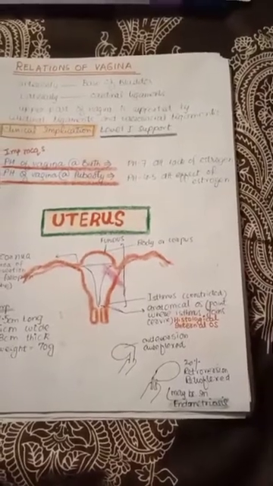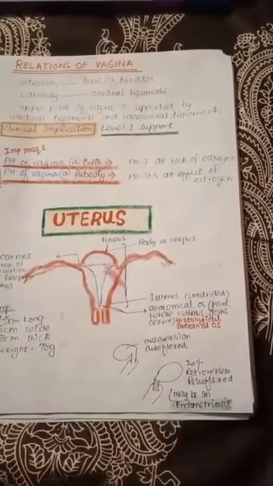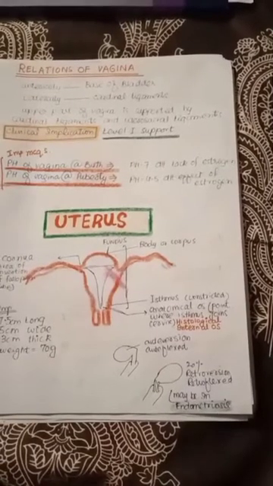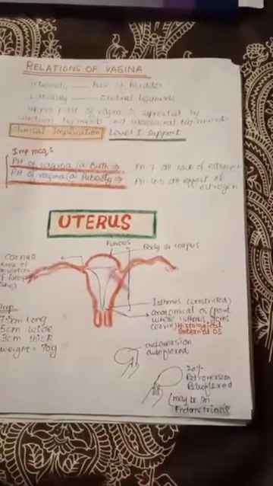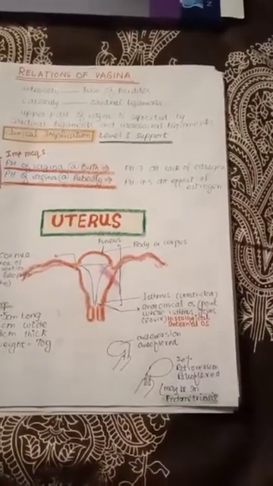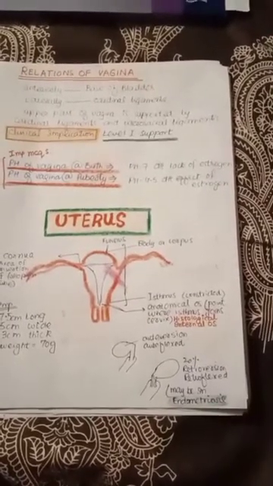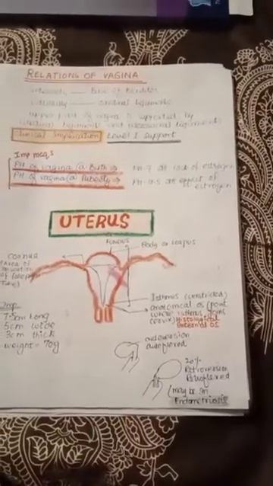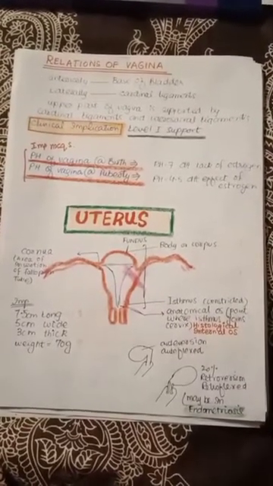Why is it 4.5? Due to lactic acid, which is formed by the vaginal flora that converts glycogen into lactic acid. And why at puberty does the pH go to 4.5? Because of the effects of estrogen. There is increased glycogen and increased lactic acid. So that is all about the vagina.